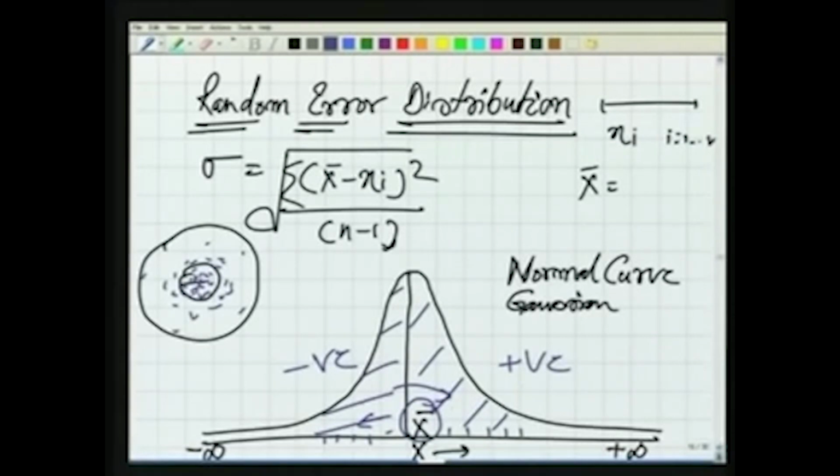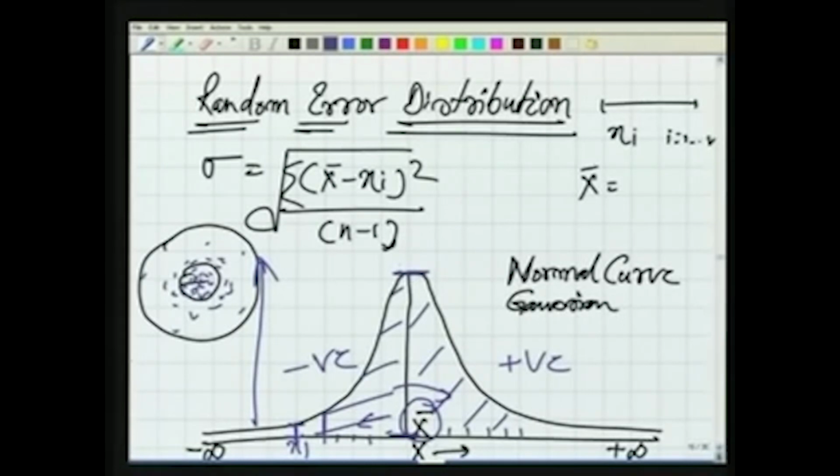Now, in this curve, this is our variable, while this is the probability of occurrence of any variable. For example, if a variable is here, x1, what is the probability of occurrence of x1? The probability of occurrence of x1 is this value. The probability of occurrence of your most probable value, x bar, is maximum.